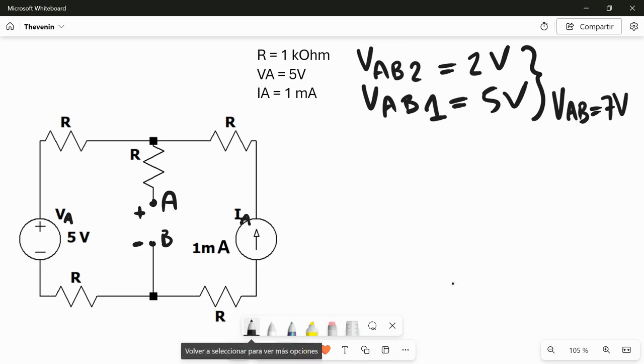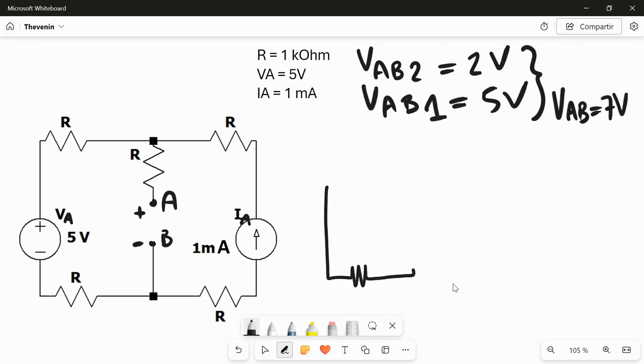So in this case, I will have something like this, then open circuit here, this resistor here, then this one here, and then this one here, and open circuit. I want to see what is the resistance that I see between these two points.